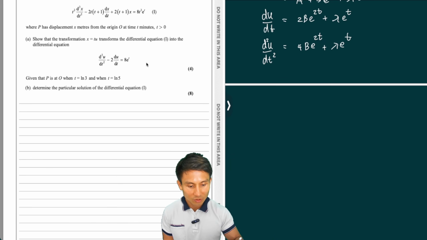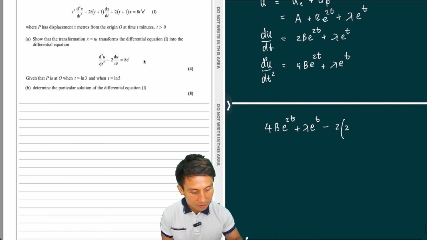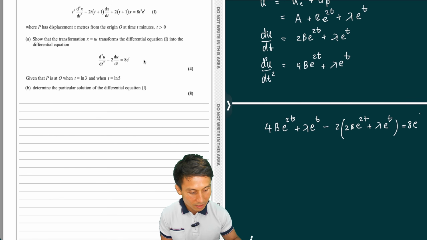So the second-order equation: we substitute the second derivative, that's 4b e to the 2t plus lambda e to the t, minus 2 of du by dt, which is 2b e to the 2t plus lambda e to the t, equals 8 e to the t.